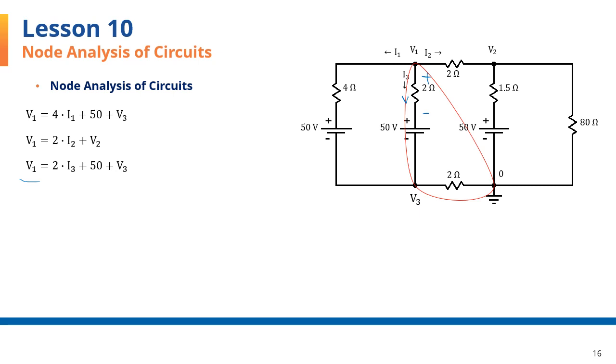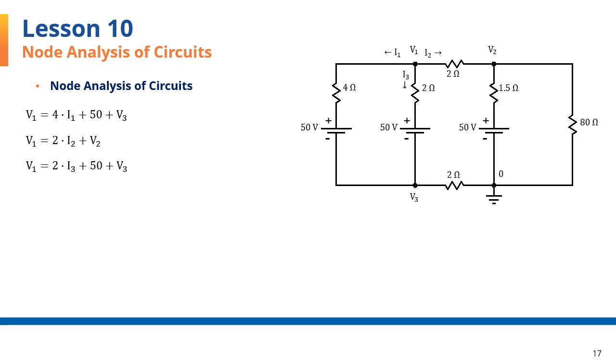So 2 times I3 goes on the right hand side, another drop of 50 volts added on the right hand side, and going through V3 there is another voltage drop of size V3, and that gets added to the right hand side of the equation.